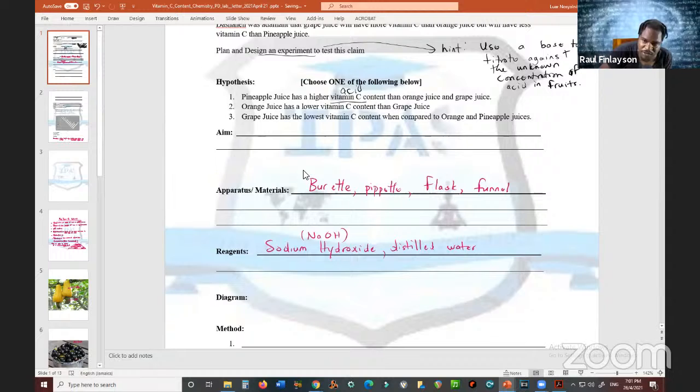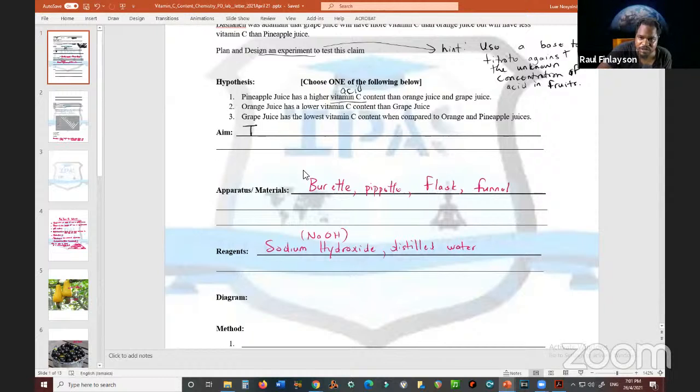So your aim is then, because your hypothesis is going to say, by the way, you can choose one or come up with your own. You don't have to use pineapple or grape juice, you can just use fruits that you have available. So you're allowed to write one of your own hypotheses. But let us say you're using pineapple juice has a higher vitamin C content than orange juice and grape juice.